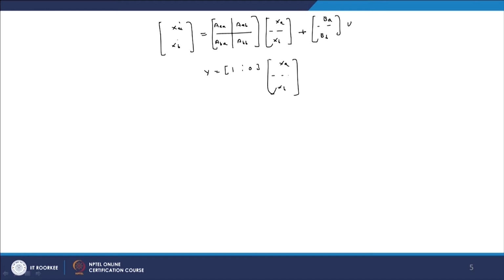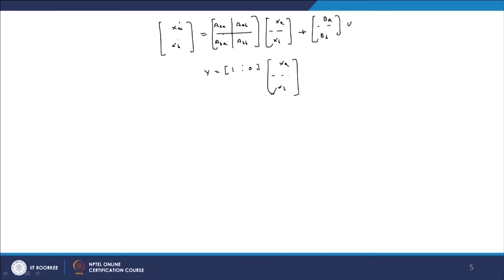So, in this particular system, we know y equals 1 times x a, that is the output, and related to the u matrix we have B, which has B a part and B b part, and here these are x a, x b and this is the A matrix.